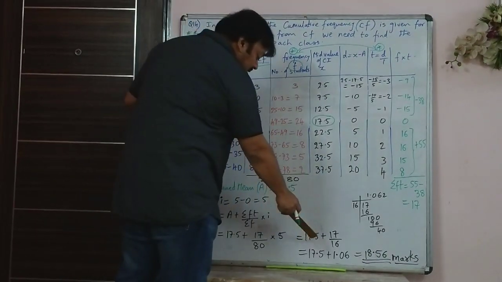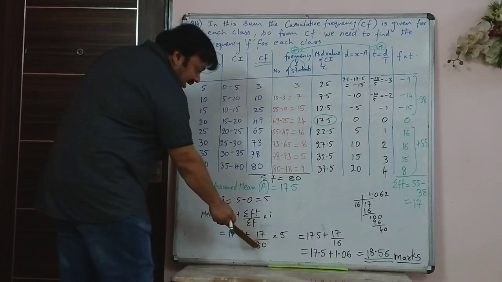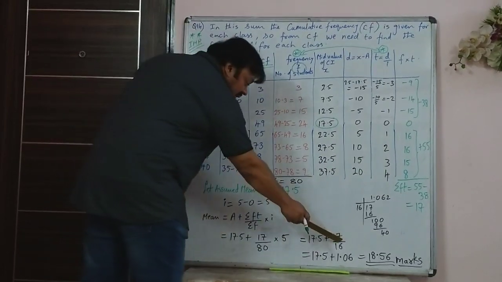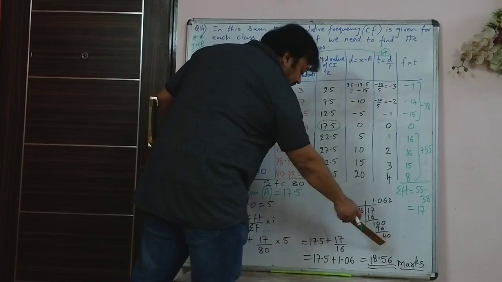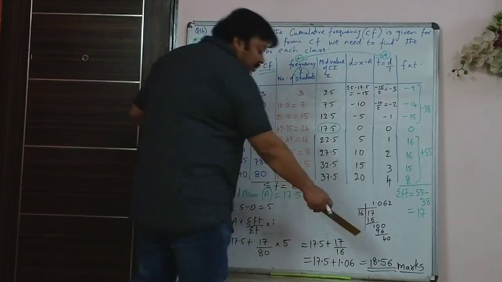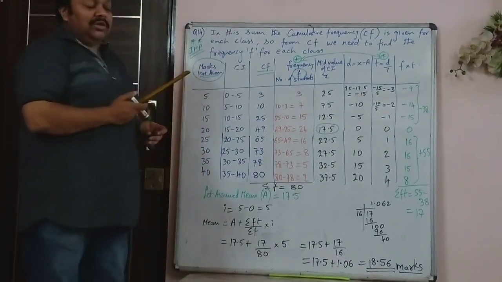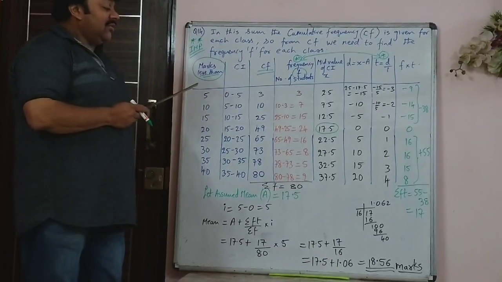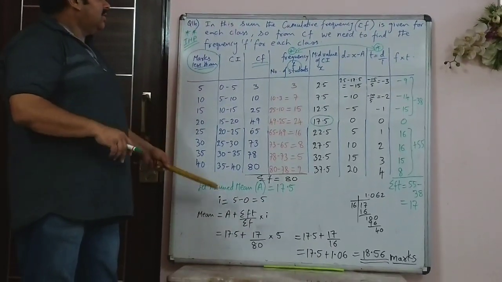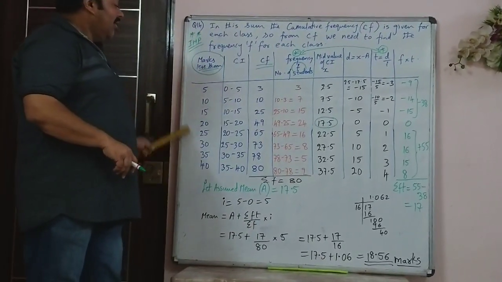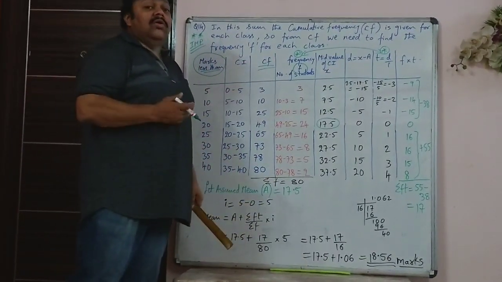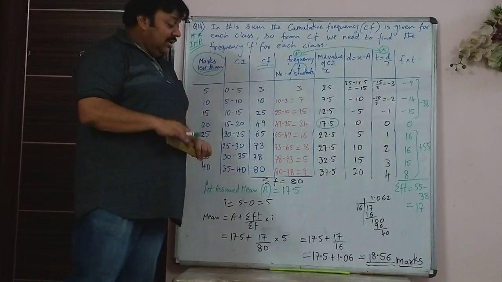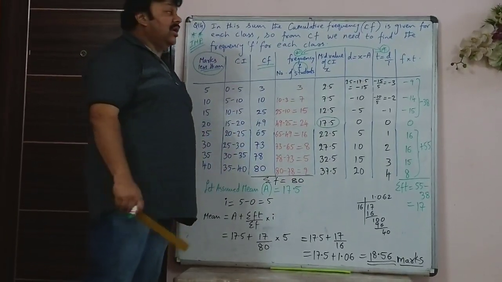So this goes directly 16 times. So 17 by 16 is 1.06. So 17.5 plus 1.06 is 18.56. That is the average or mean marks of all these 80 students who wrote the test.